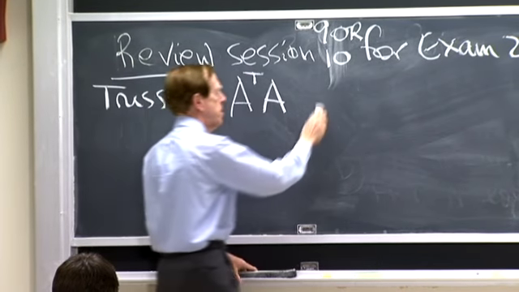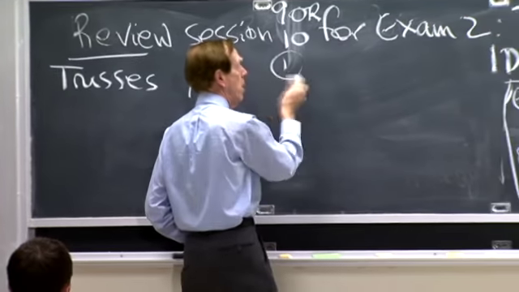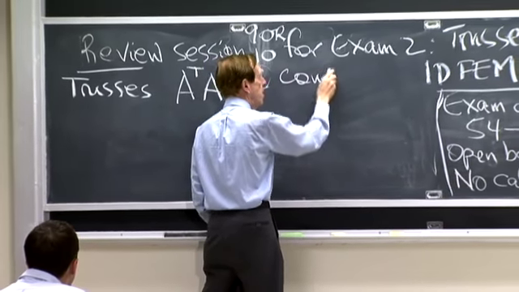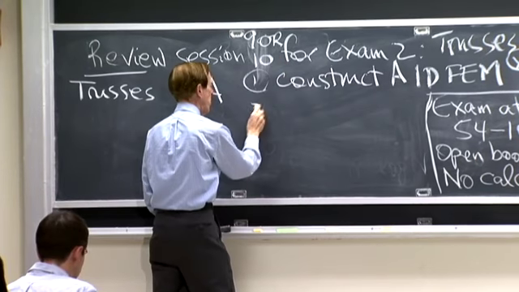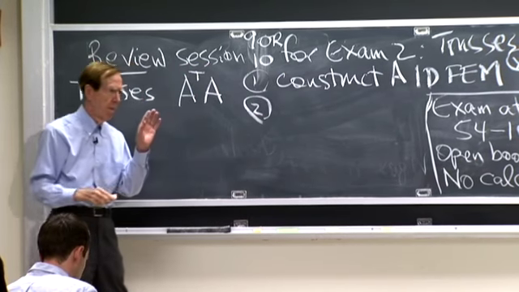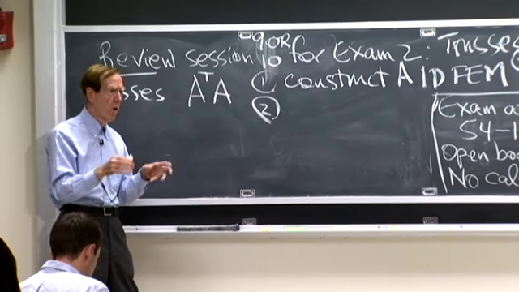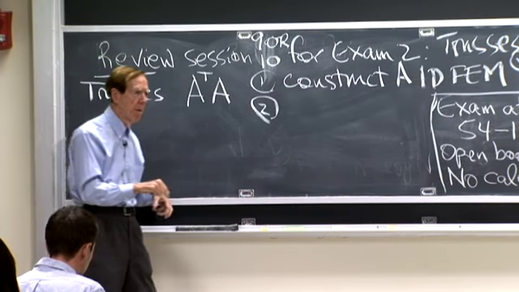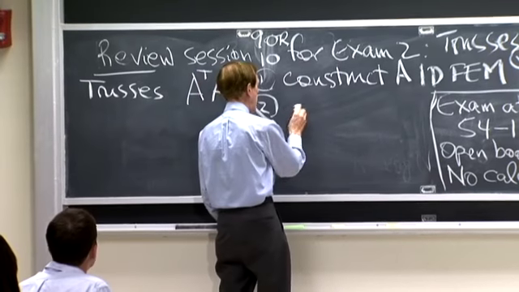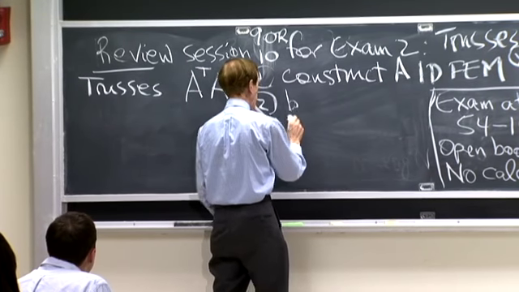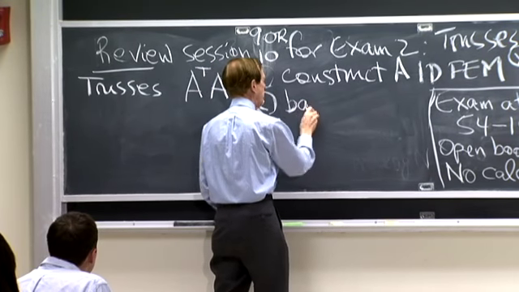So one way is to construct A or A transpose and then just multiply. The second way to do it would be by the 4x4 bar element matrices, so go bar by bar.